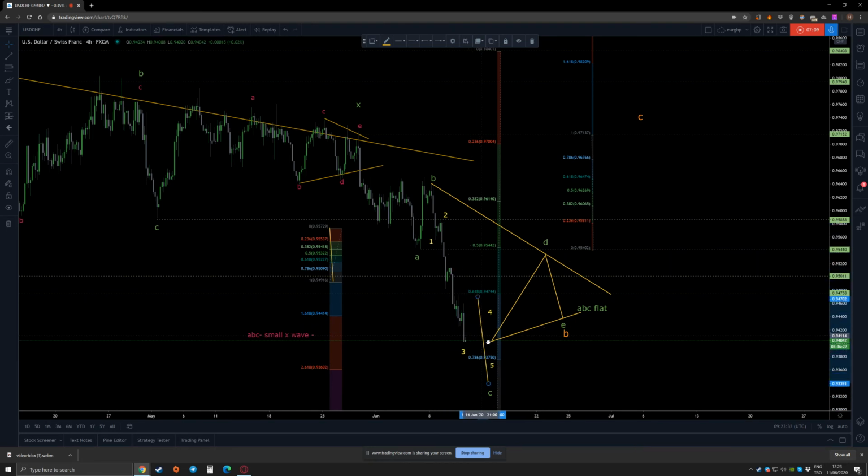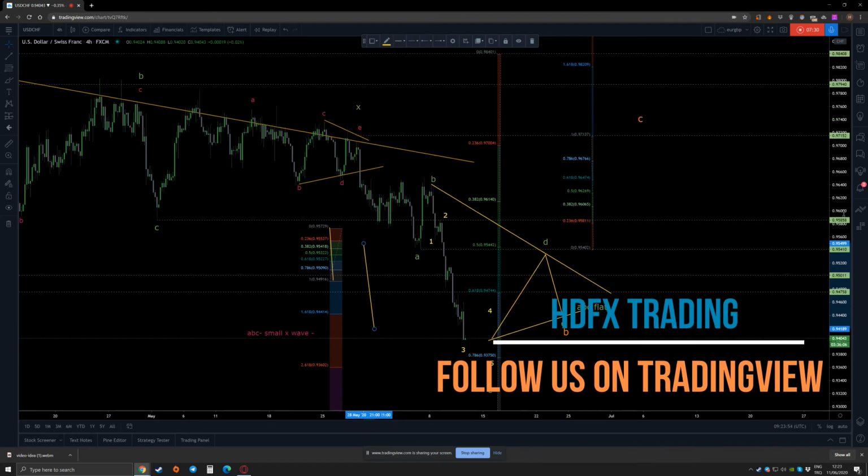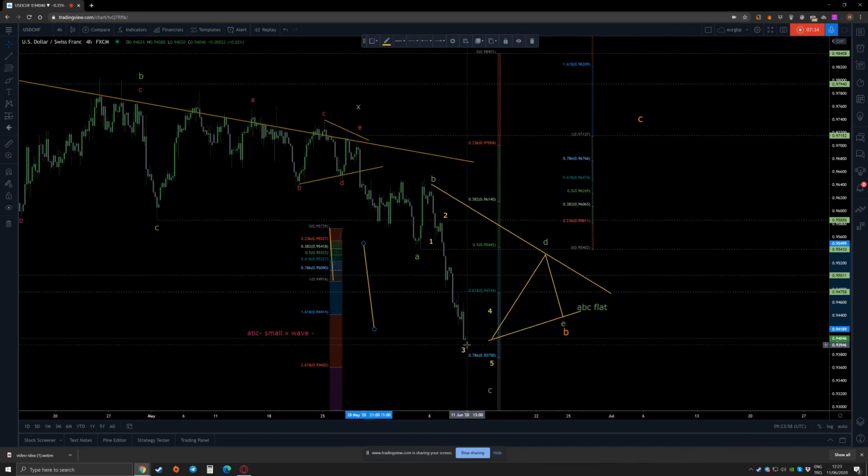What if price is doing this and we have a fourth wave and we have a fifth wave which is larger than the first wave? That can happen. It means that there's still room to go down. This is why you cannot take a long yet on this price action. Understand? It's very important. You cannot just throw your money away like this. You have to wait for the market to come to you.